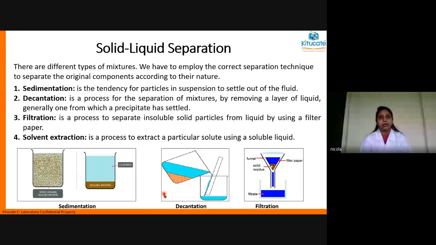You can see the picture. You are just pouring the water on the top into another container. That is decantation. For example, when your mom washes the rice, the rice water, she pours it away. So that is decantation.